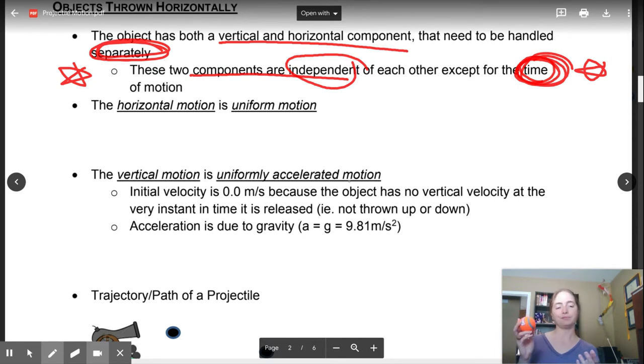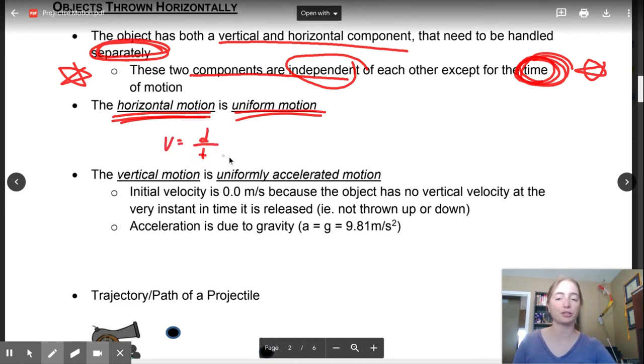So here, notice when I throw the ball horizontally, on the horizontal, it's uniform motion. So that means anything to do with horizontal motion, you must use this equation.